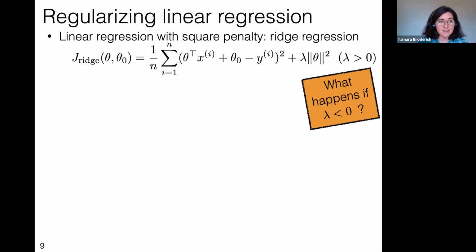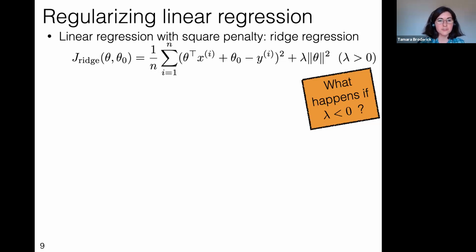It doesn't even matter what direction, just any direction. So this is useless, because all it is telling me is a penalty for really large theta. It doesn't matter how small lambda is in magnitude, as long as it's negative, I'm just preferring an arbitrarily large theta, one that goes off without bound. And so that's not really useful to us.